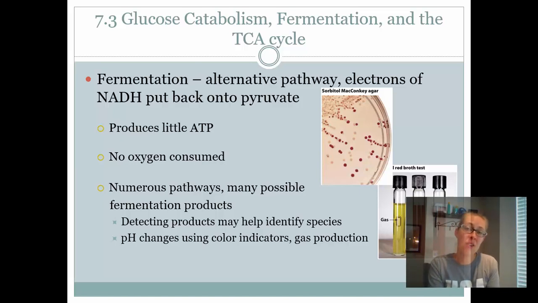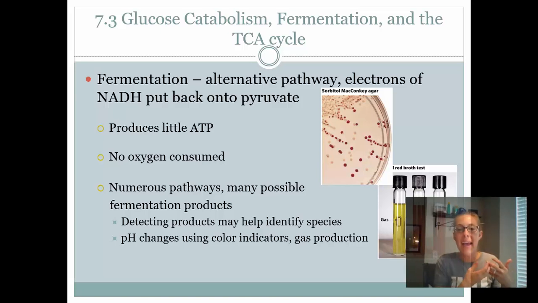Oftentimes when we have an unknown species in a lab setting, what we will do is investigate whether or not they can ferment different types of sugar. Do they have enzymes that they can use to break down those sugars through fermentation? And so that's what's depicted over here on the side. These media have a pH indicator in them. Fermentation produces acidic byproducts.